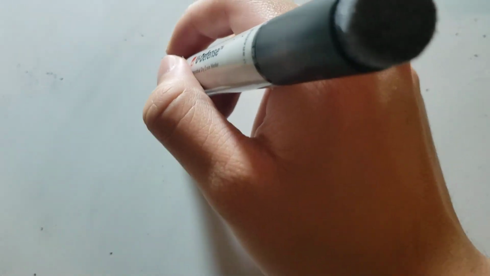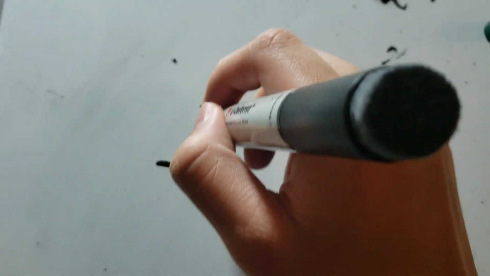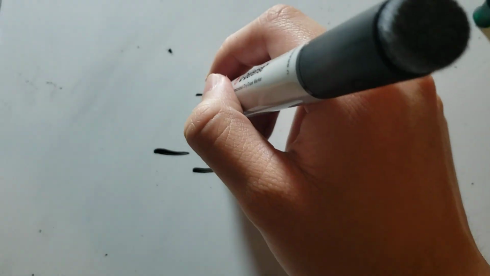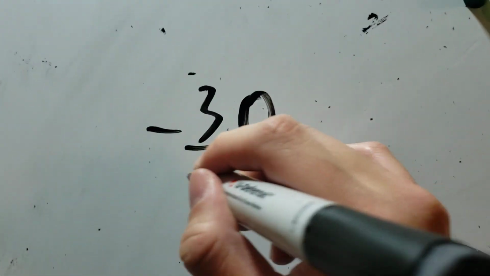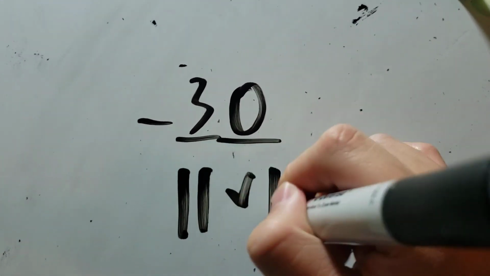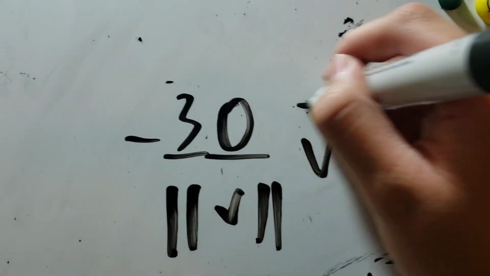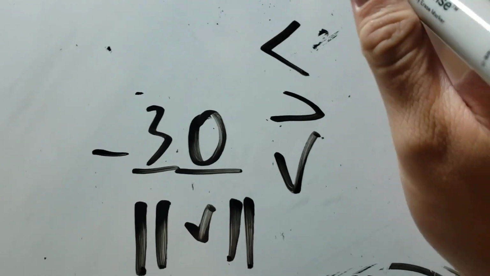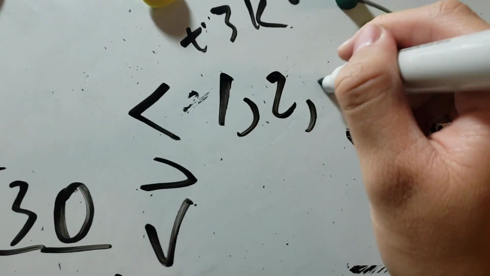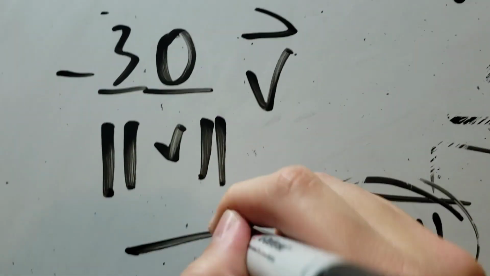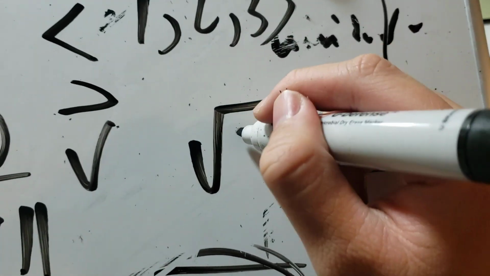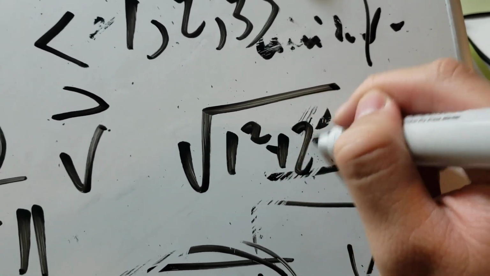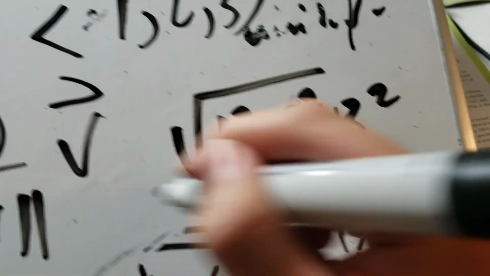So the first question is basically, if we go back to this vector, the magnitude would be found using the Pythagorean theorem, plus 3 squared, that'll be it.